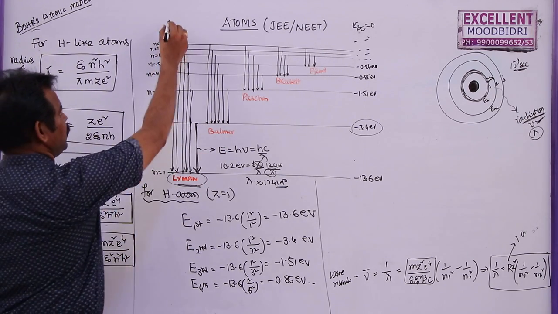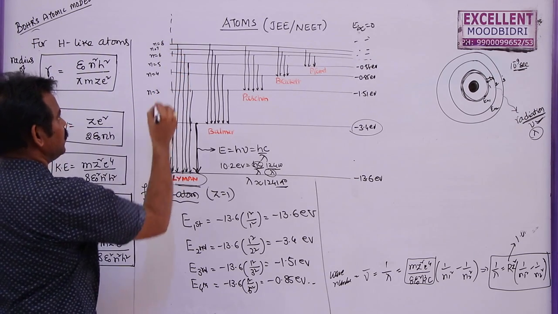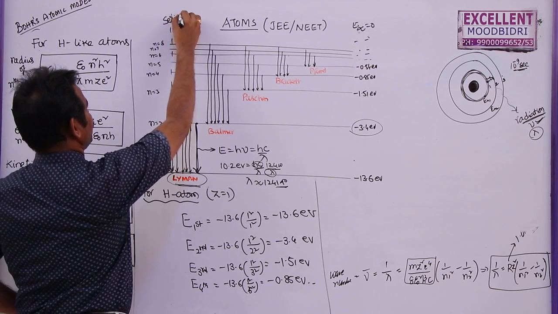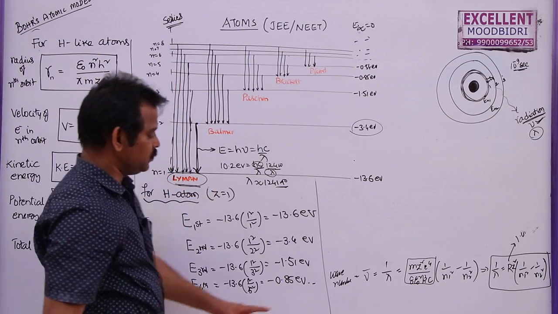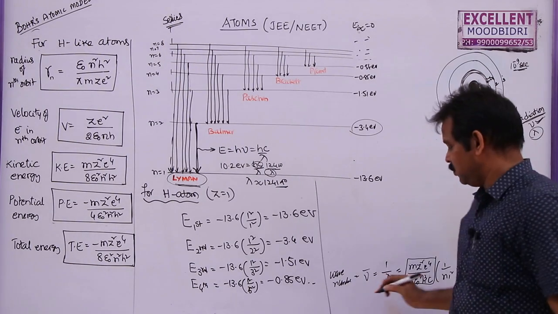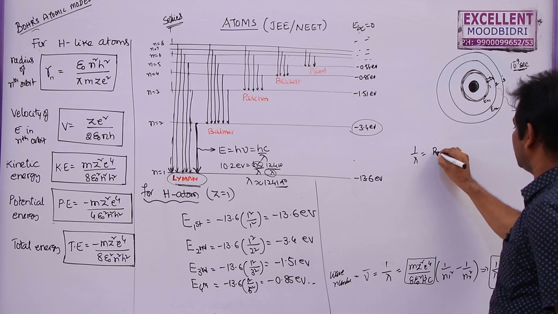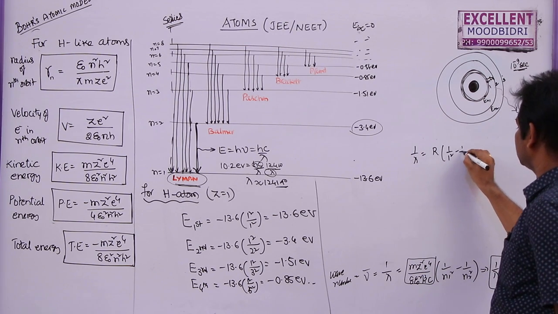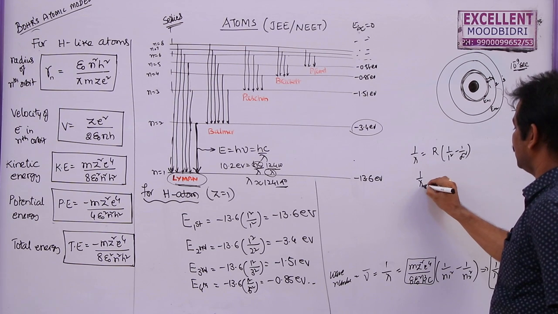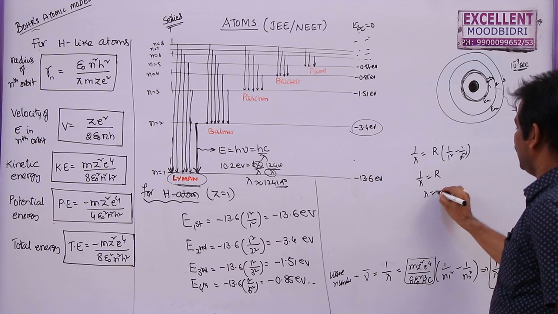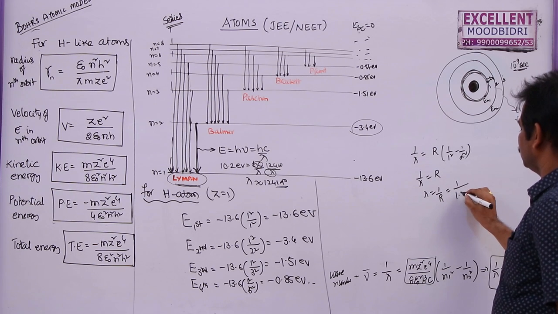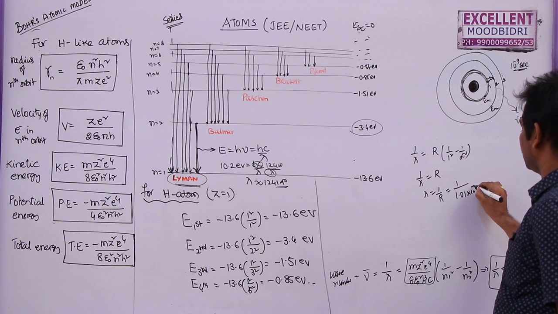And similarly for infinite to the first orbit, that is called the series limit of Lyman series, where you can write 1 by lambda is equal to R into z square, R into 1 by 1 square minus 1 by infinite square. So 1 by lambda is equal to R, lambda is equal to 1 by R, that is 1 by 1.09 into 10 power 7.